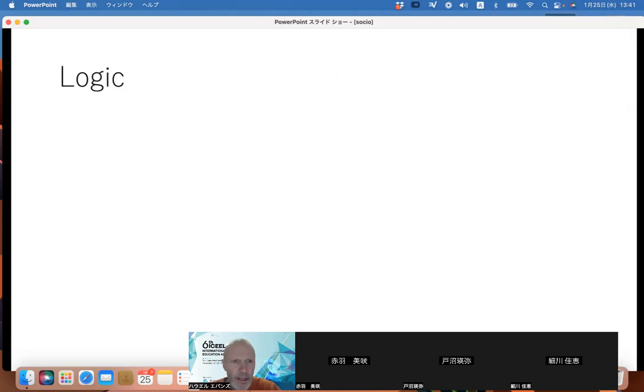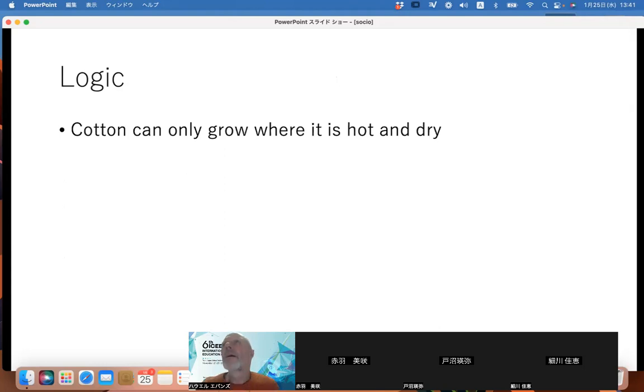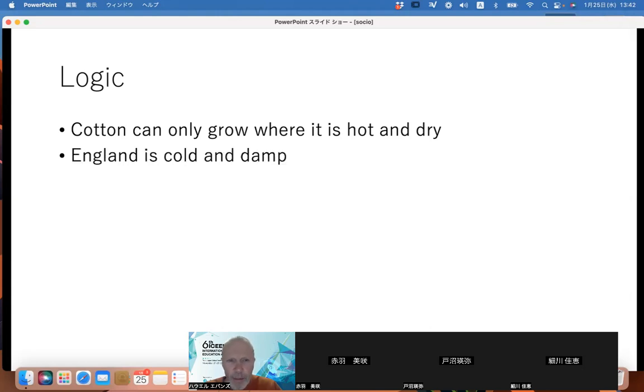And in fact, this is another experiment with these Uzbek peasants, where they thought about logical inference. Basically, they say to the Uzbek peasants, okay, cotton can only grow where it is hot and dry, and England is cold and damp.